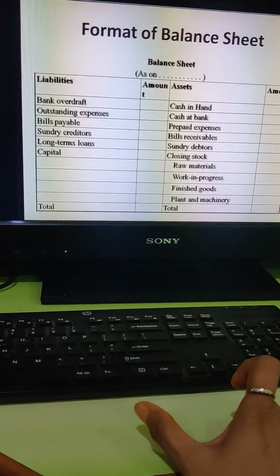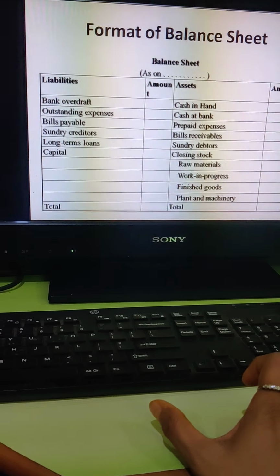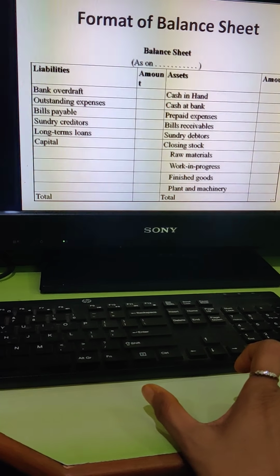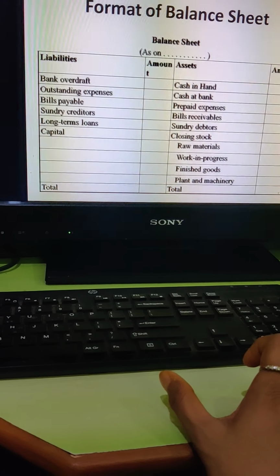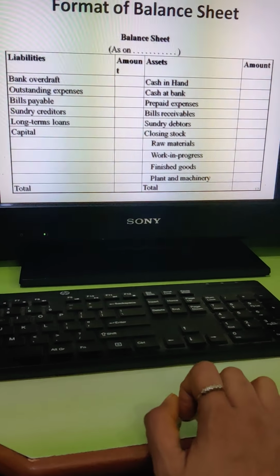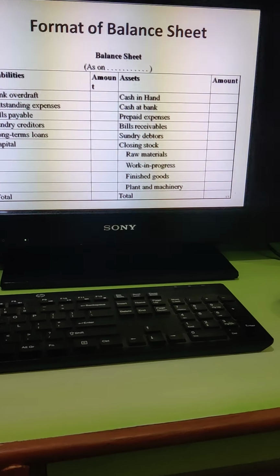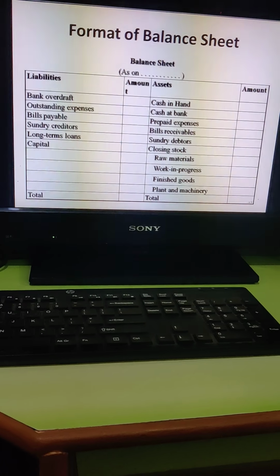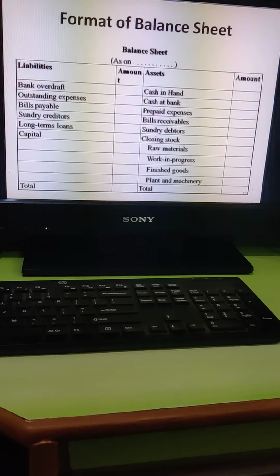On the left hand side, as you can see, we have the liabilities. We have already discussed what are assets and liabilities in our previous sessions. So if you just note down, we have bank overdraft, outstanding expenses, bills payable, sundry creditors, loans and capital on the liability side. Coming to the asset side, on the right hand side, we have cash in hand, cash at bank, prepaid expenses, bills receivable, sundry debtors, closing stock.